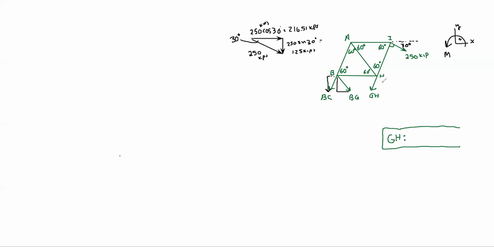And then there's potentially a GHY and a GHX. Let's take the moment about point B. By doing that, we eliminate the need to worry about BCX, BGX, BCY, BGY. We'll just be focused on the one thing.